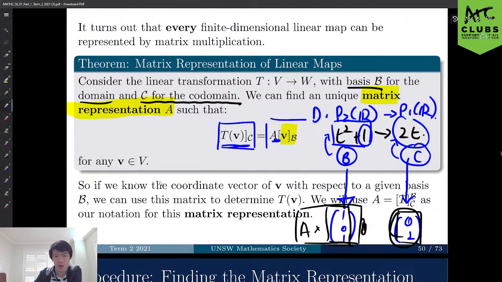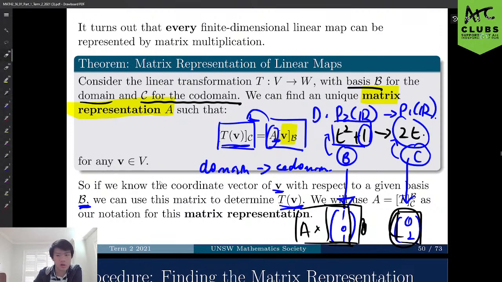So that's what this long formula means. It just means that we can map coordinate vectors from the domain to the codomain. And this is really useful because it means that we can find a really easy way to determine T of V. Right? So if we know the coordinate vector of V with respect to the given basis B, we can just multiply A by it and we'll get T of V with respect to C. Right?